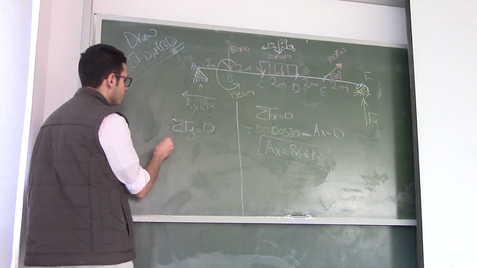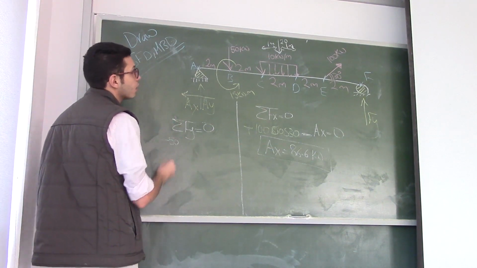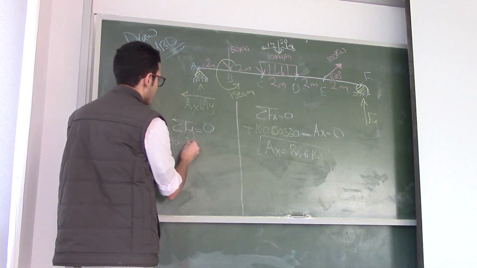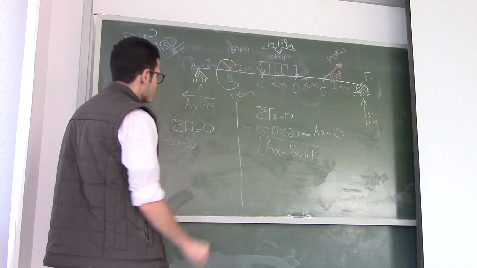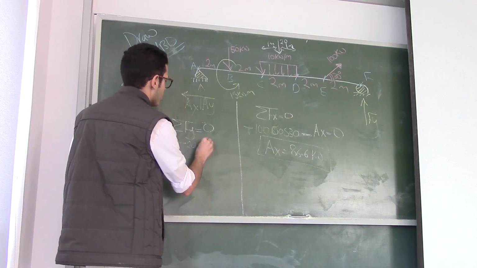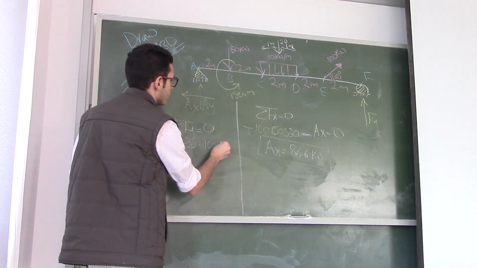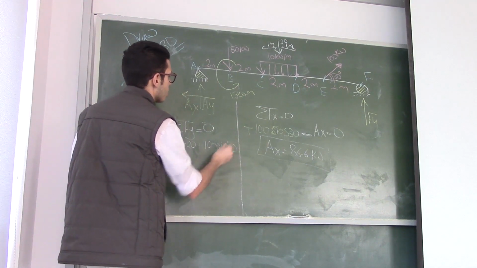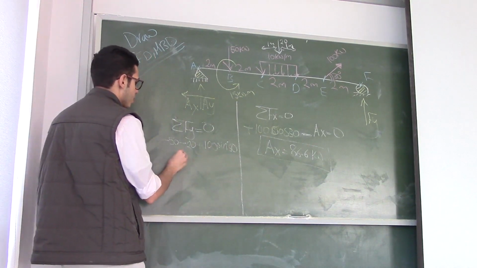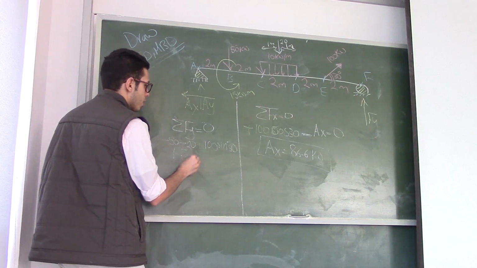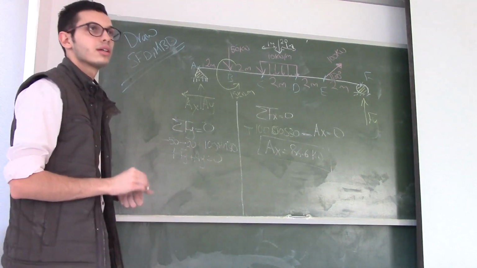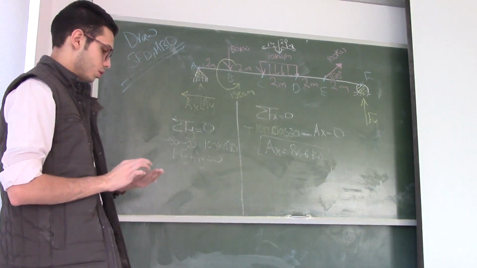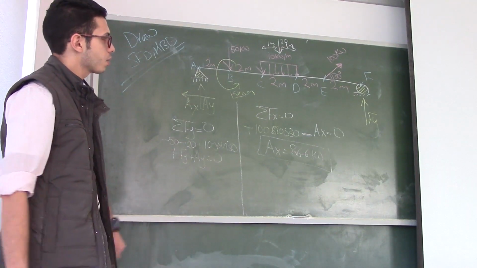Minus 50, minus 20, plus 100 sine 30, plus 100 sine 30, plus Fy, plus Ay equal to 0. Right? This is the equation.